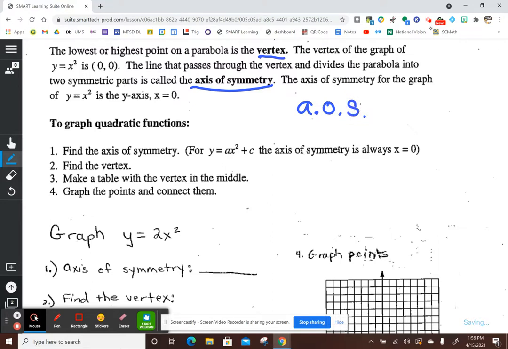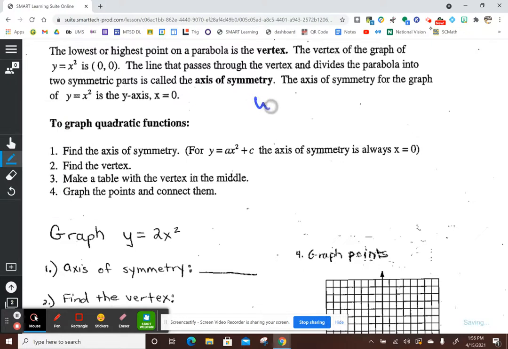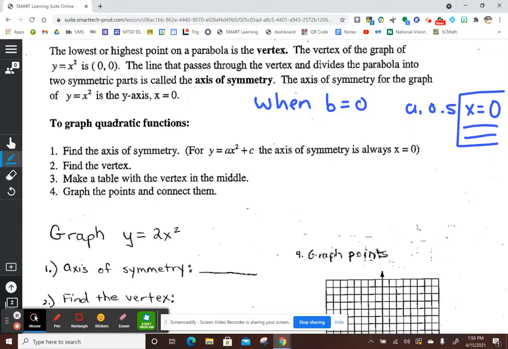Okay, now for today and today only, we are doing quadratic functions where b equals 0. And when b equals 0, our axis of symmetry is always x equals 0. You will find out why in the next lesson, but for now, just know that today our axis of symmetry is always going to be x equals 0.